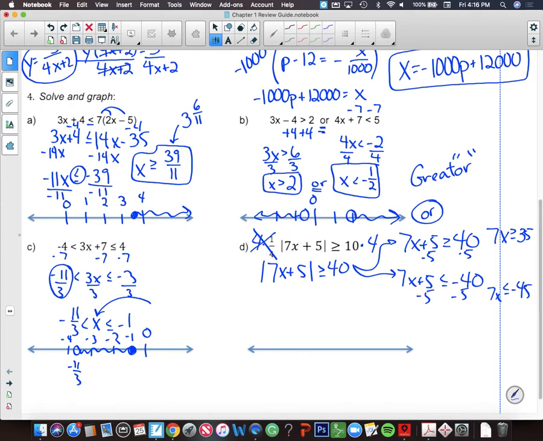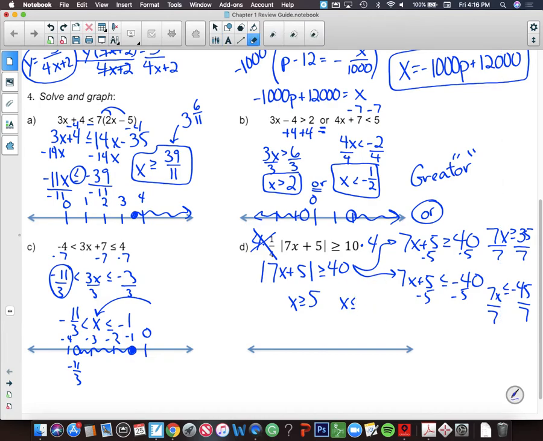So subtract 5, we got a 35, so we're going to have x is greater than or equal to 35 divided by 7 is 5. Right? Divide by 7 on both of them. Okay? And then we're going to have x is less than or equal to negative 45 sevenths. Okay, we need that to be a negative 45 sevenths.